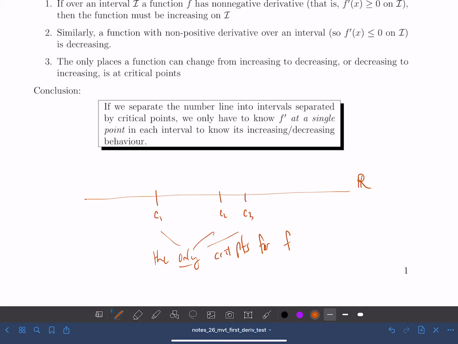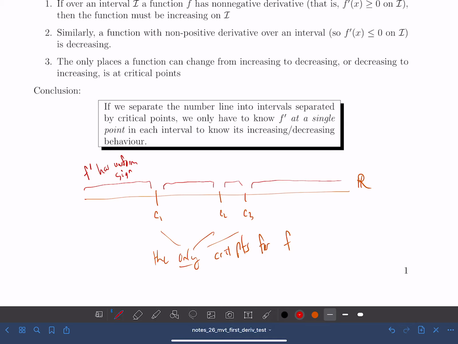Well, I know, beyond a shadow of a doubt, that inside of here, f prime has uniform sign. And it does on that interval, and that interval, and that interval as well, right?